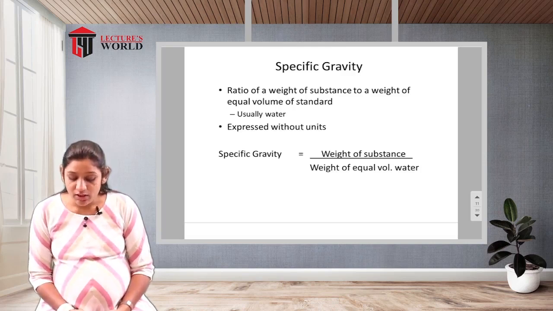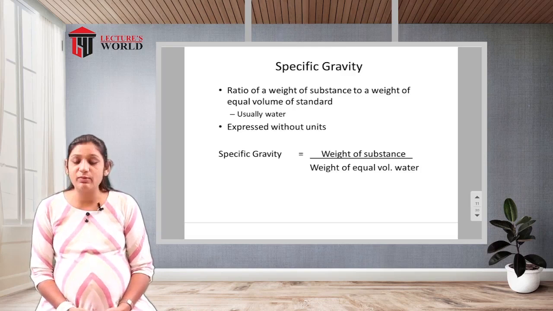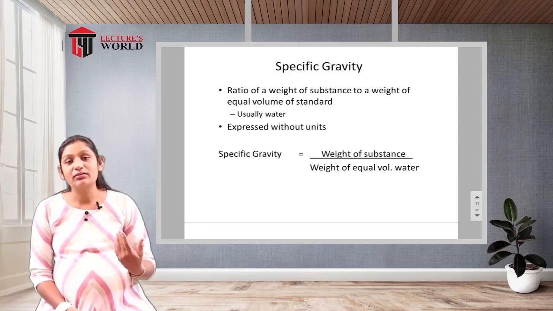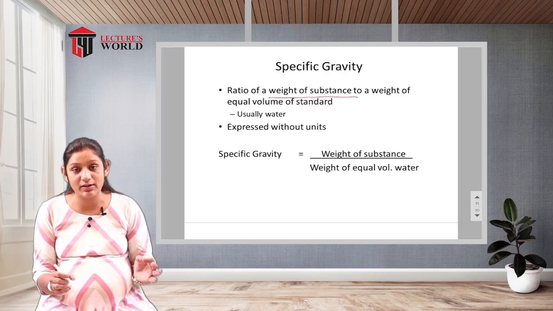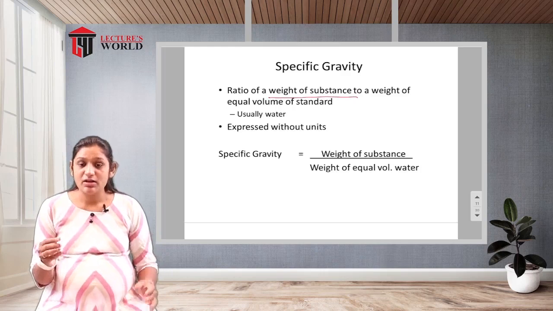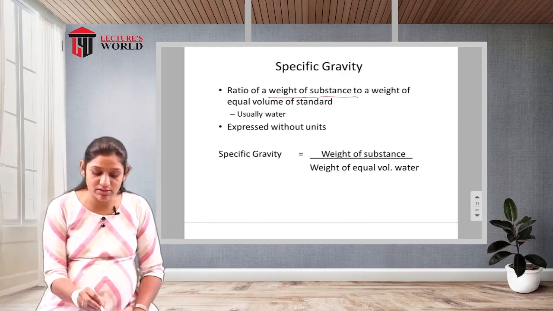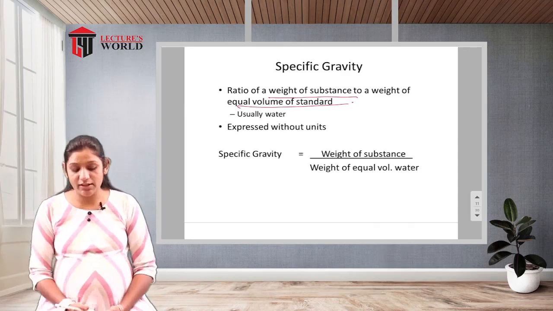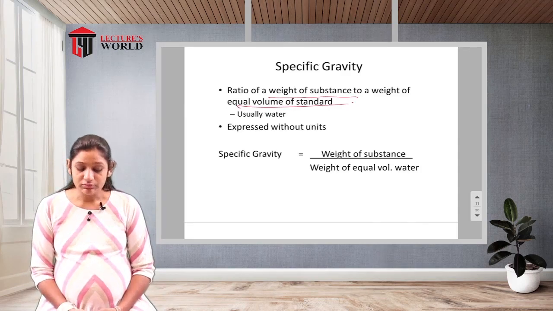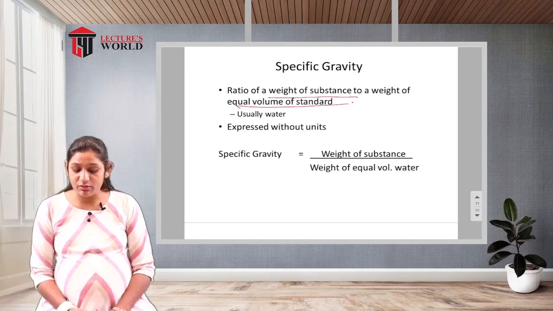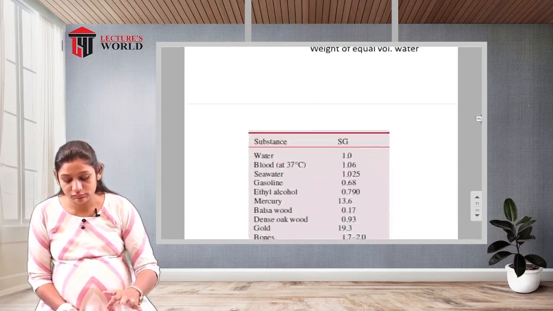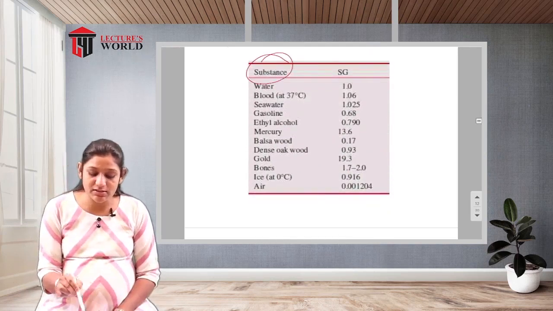Specific gravity is equal to the weight of the substance divided by the weight of an equal volume of water. See, this is the substance and this is the specific gravity.